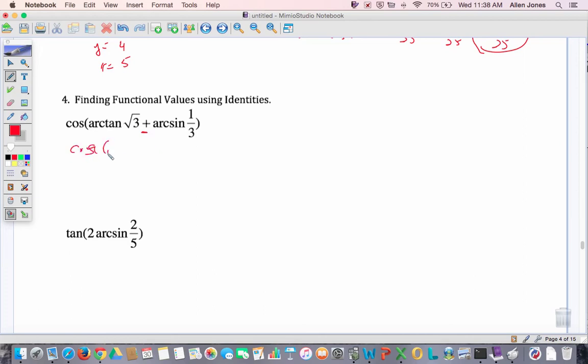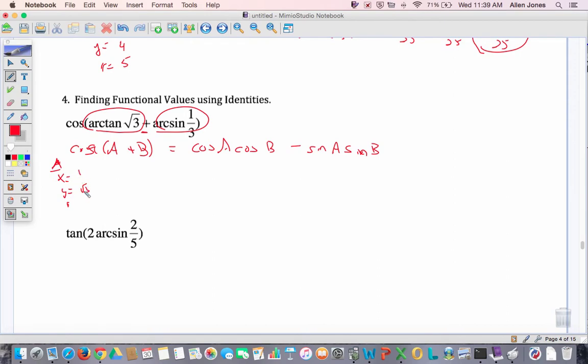Okay, so a couple more along those lines here that are kind of trickier using our angle identities. Notice I have a sum here, so I have the cosine of A plus B, which is the cosine of A times the cosine of B, minus sine A sine B. Notice we have two angles here. We have one for the arctangent, one for the arcsine. Arc again means inverse.